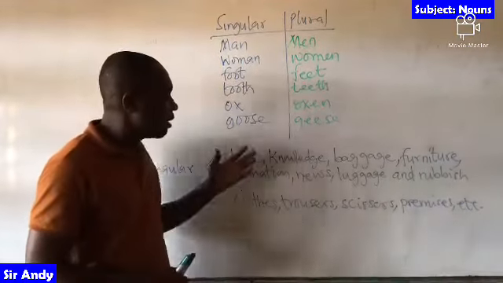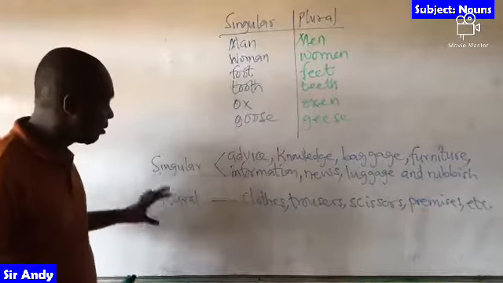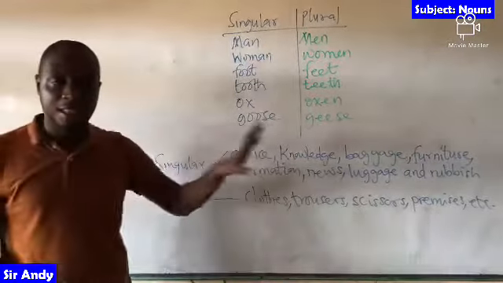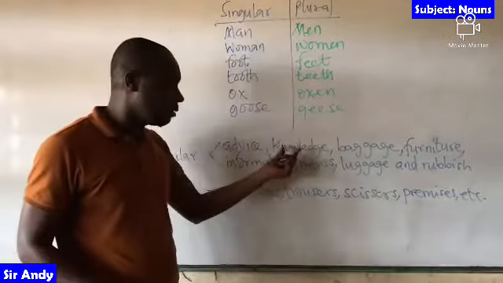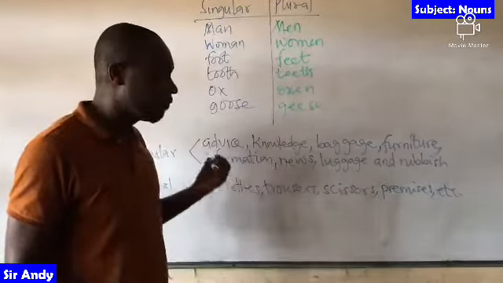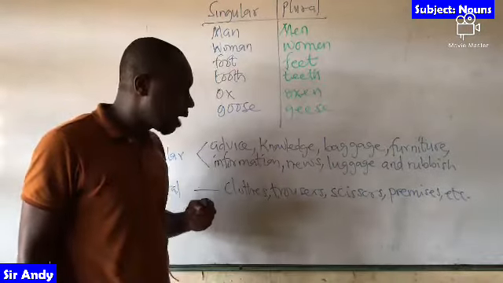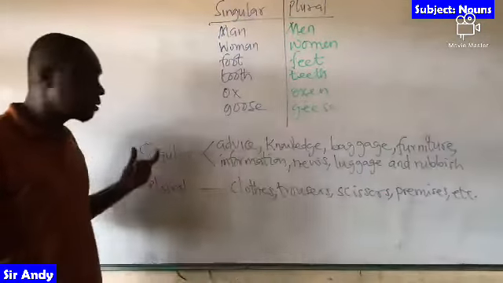And in addition to what we are just studying now, there are some words which remain as they are. Words like advice, knowledge, baggage, furniture, information, news, luggage, and then rubbish remain singular.